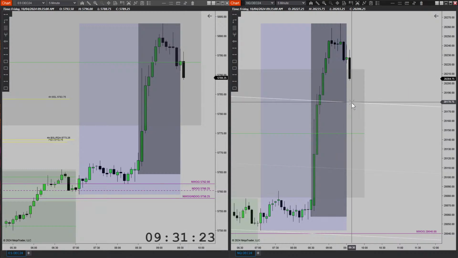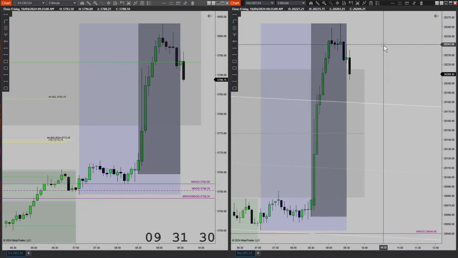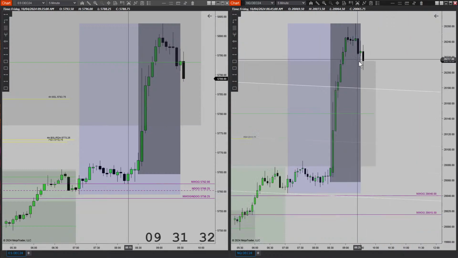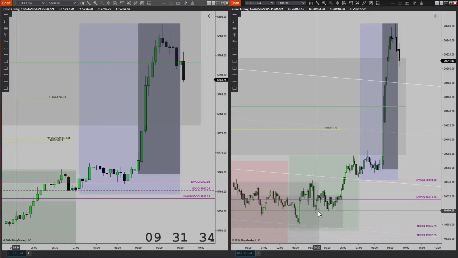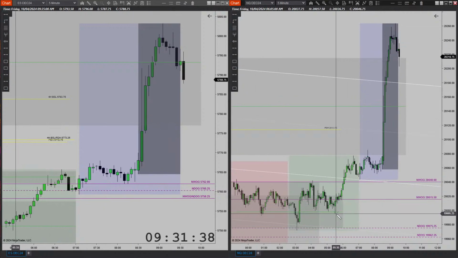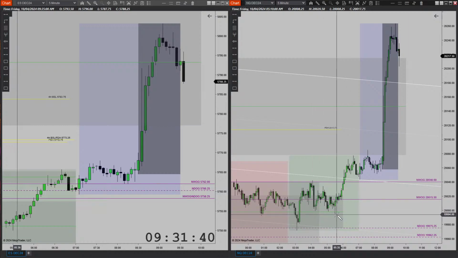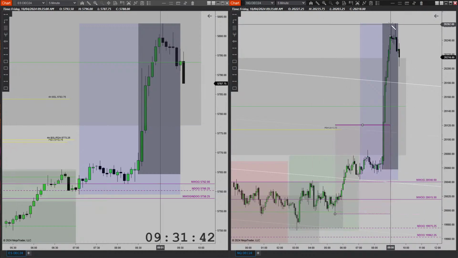Rejection. Well, not rejection. I want to see it slice through. This is the only sweep that we had.